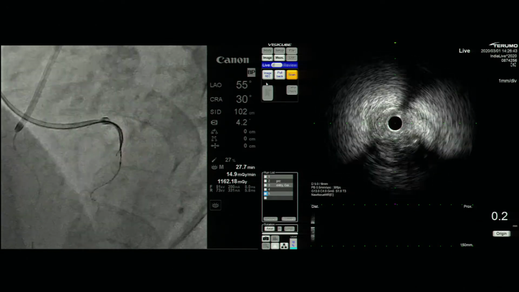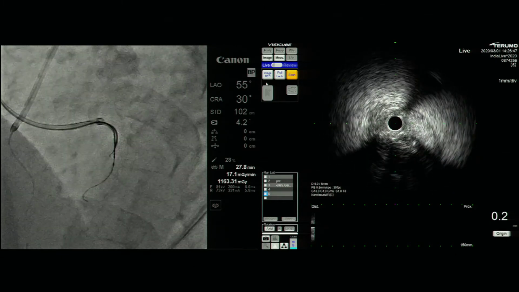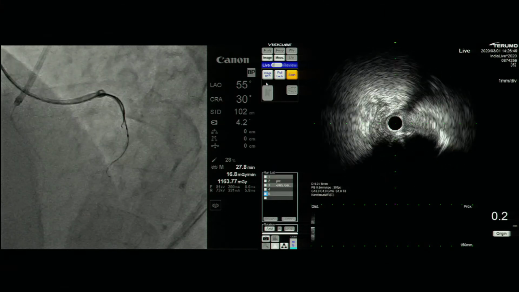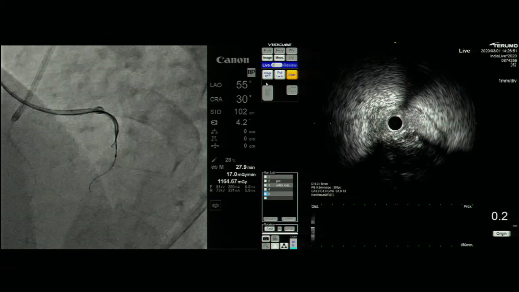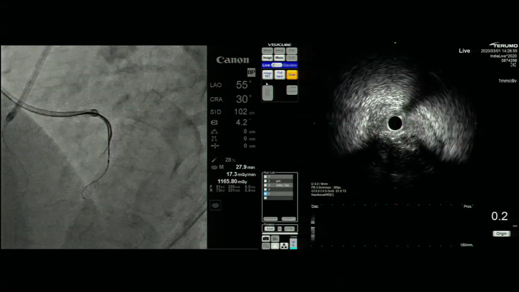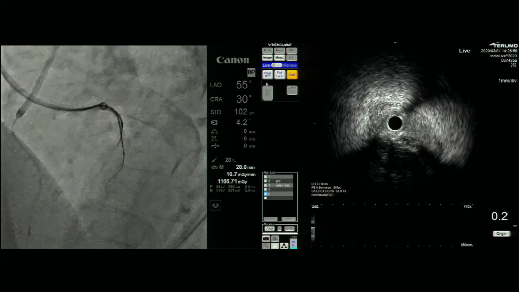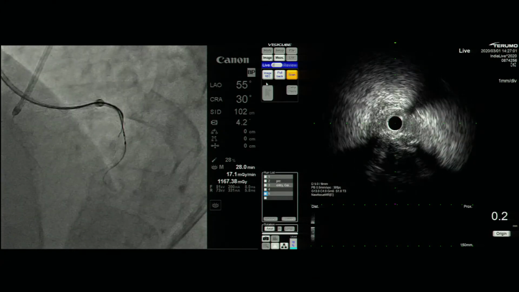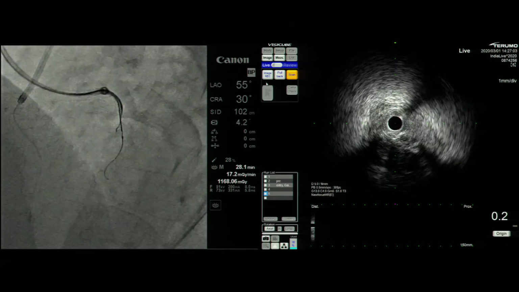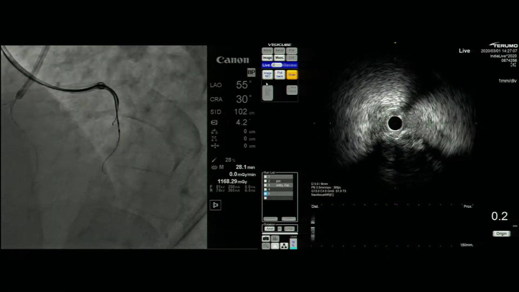Now the wire tip is inside the vessel. The problem is we can't see the distal part. Okay, injection. Because of the calcium.